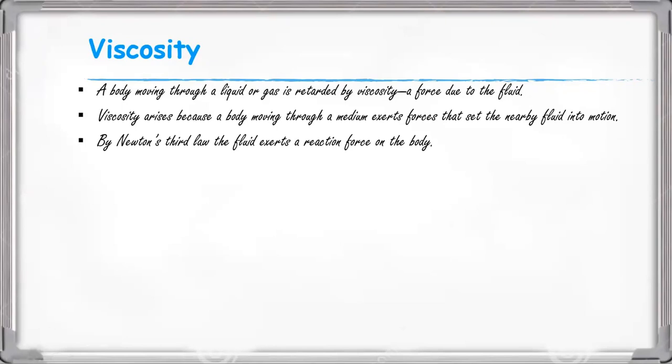Viscosity arises because a body moving through a medium exerts some force on the nearby fluid, and it causes the fluid to move.